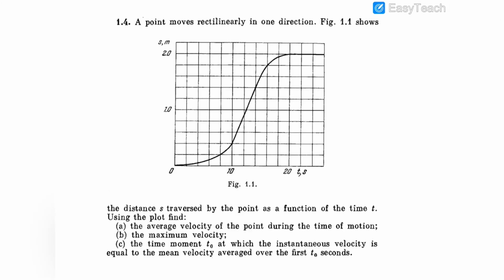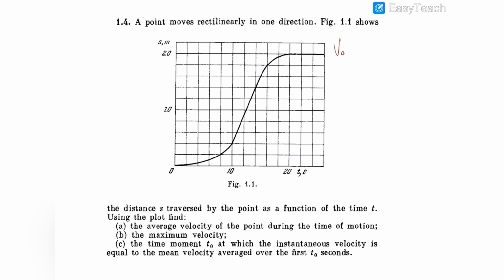In this question, you can see that this is a displacement-time graph of a particle which is moving rectilinearly in one direction. We have to find the average velocity of this particle during the time of motion. During the complete motion, its final displacement was 2 and initially it was 0.